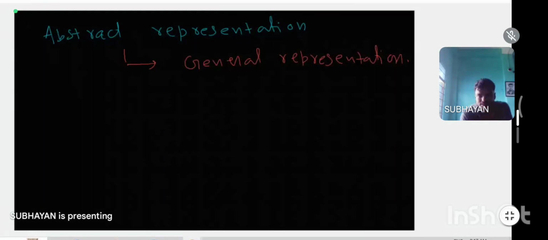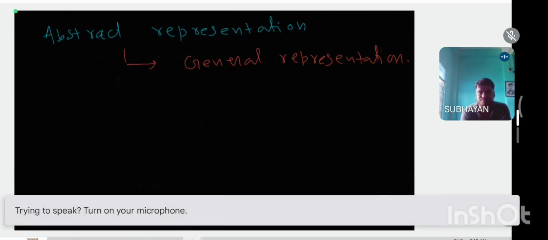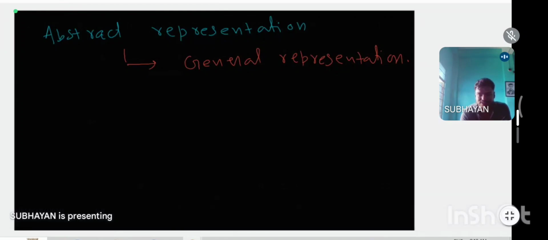You know that any function can be represented in different representations, following the quantum mechanical wave function. You have already learned that. Suppose the wave function can be represented in position representation, in momentum representation, in energy representation, in any arbitrary operator representation or observable representation.